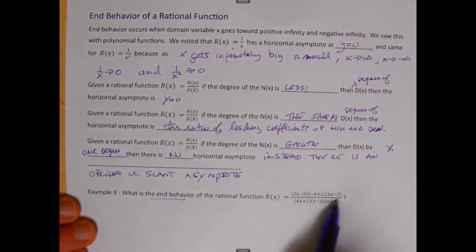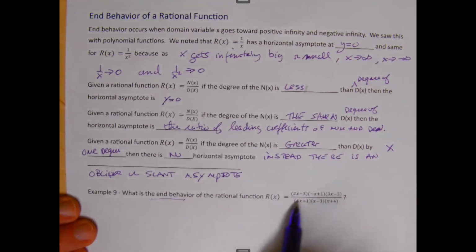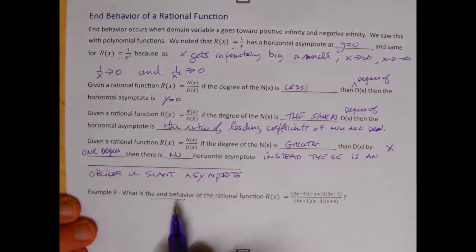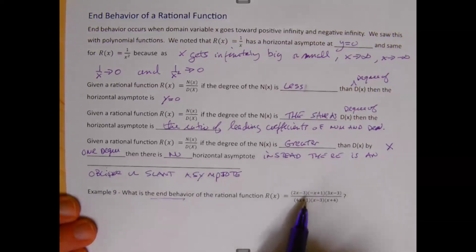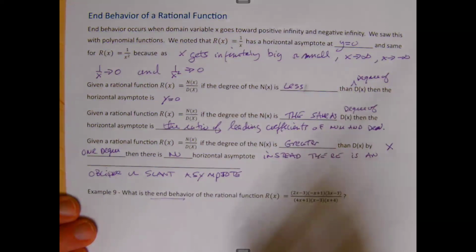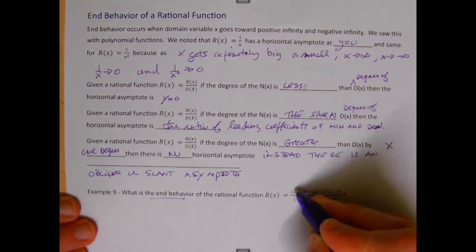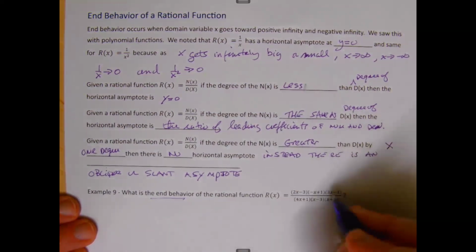I have this, again, you see it's a polynomial divided by a polynomial. Fantastic. But the end behavior is determined by the largest degree, the degree of the polynomial. So it has to be the largest term, the term with the highest power. So remember, the first term, if I were to multiply it together, I'm not going to.